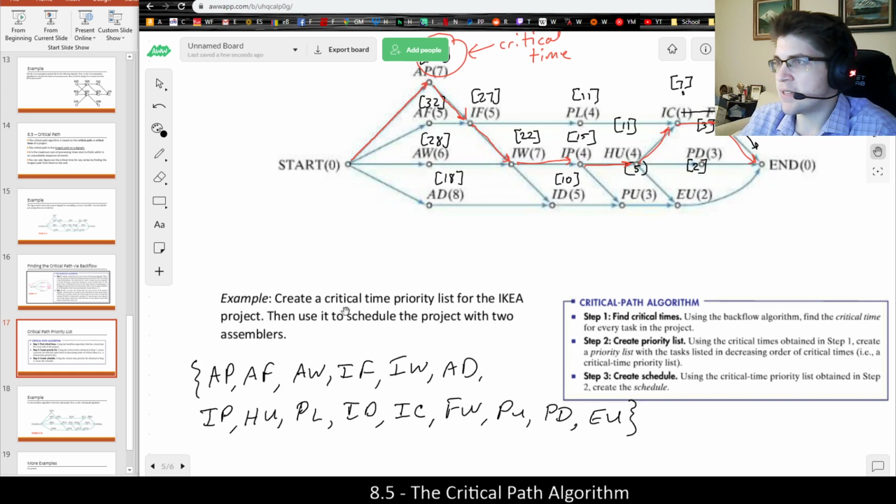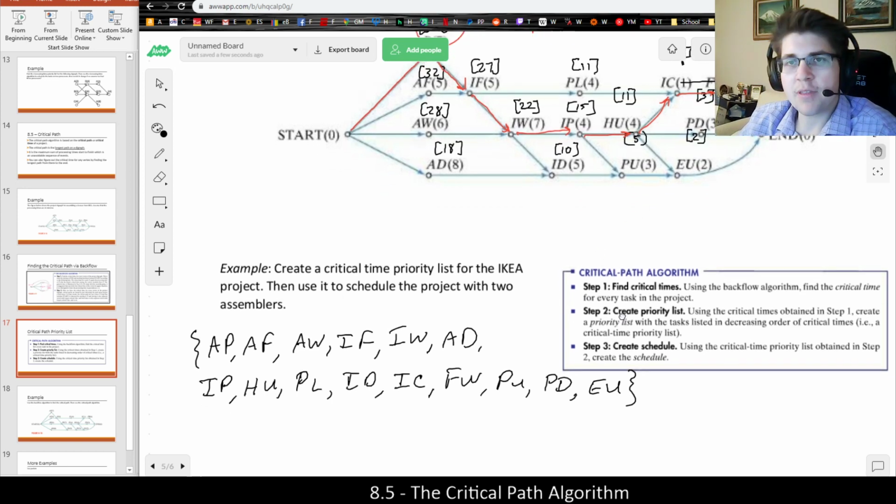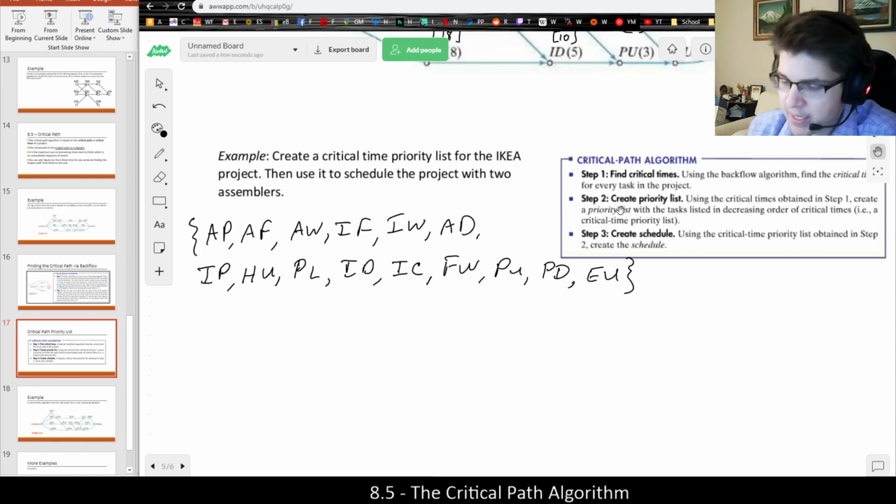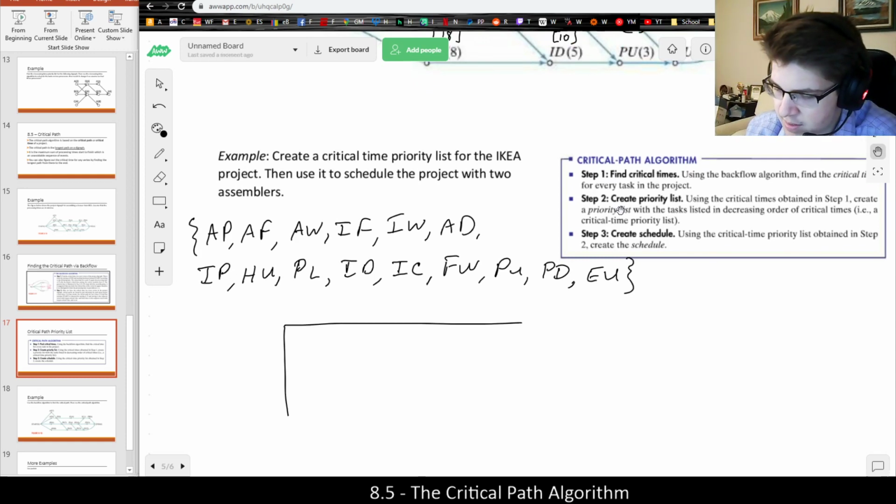It says use it to schedule the project with 2 assemblers. So let's assume that myself and my buddy are going to put together this dresser, and want to know how long it's going to take us to do all these tasks in the prerequisite order. The critical path algorithm should generate us a very good priority list and greatly minimize the amount of idle time.